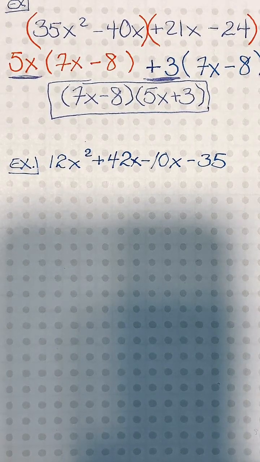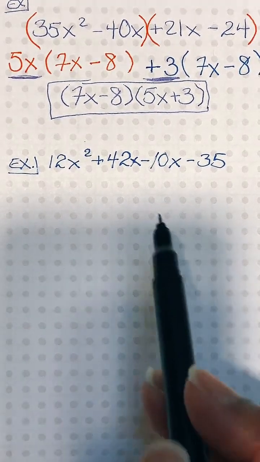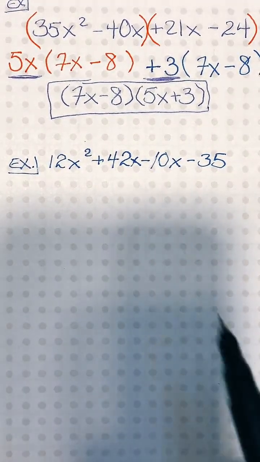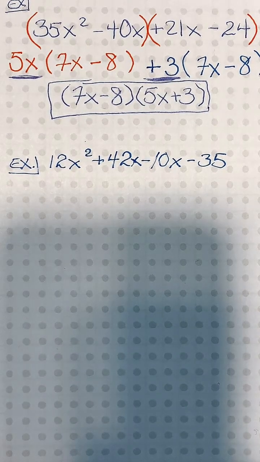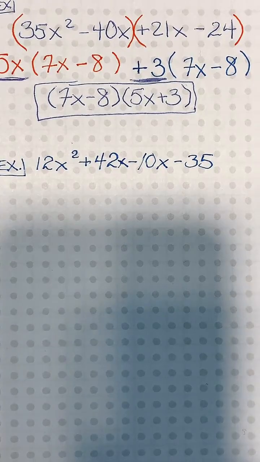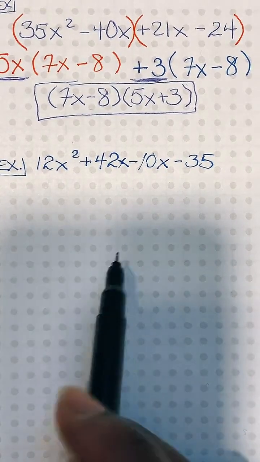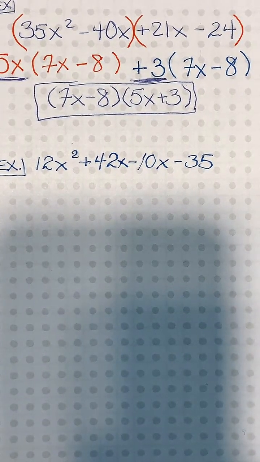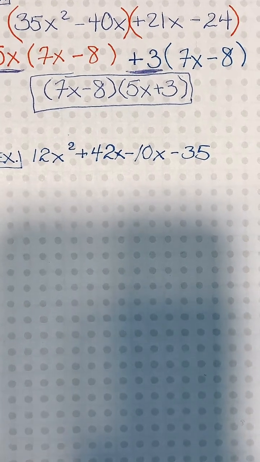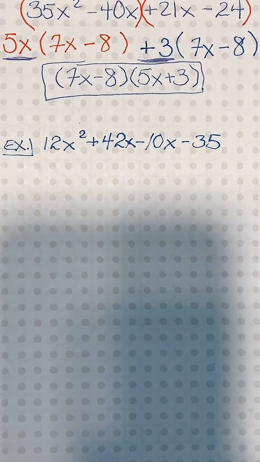Could we group the 12x squared with the minus 10x instead of the 42? So could we do a little switcheroo? Guess what, Erica? Yes, you can. Remember that phrase back in the day? Yes, you can. So I'm going to leave this up here.